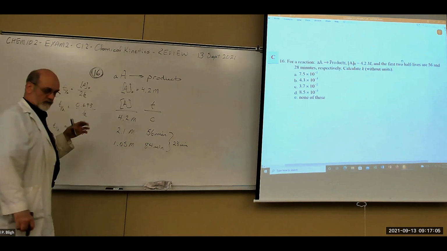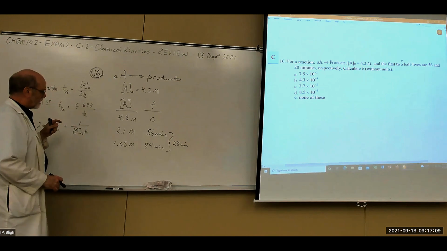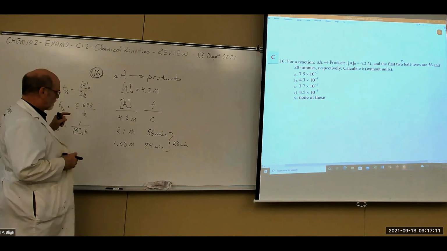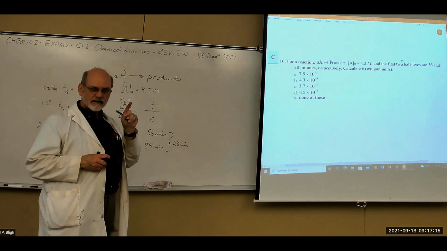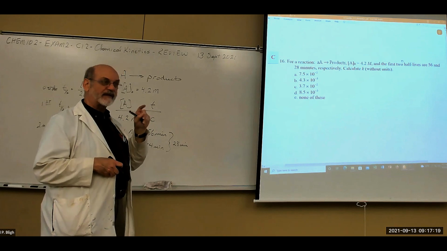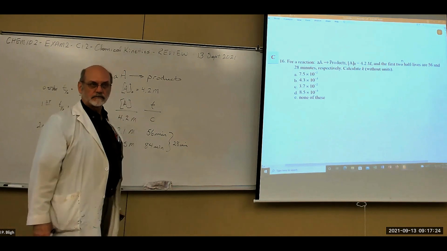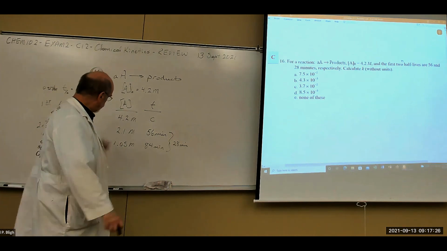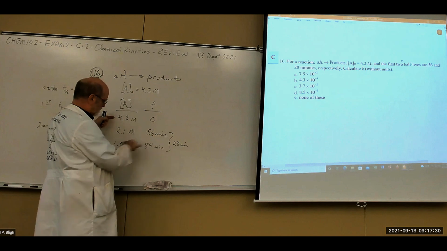But look, there's really a simpler way. Ask yourself, does the half-life depend upon the initial concentration of A? So this is the initial concentration of A for this half-life, 56 minutes.